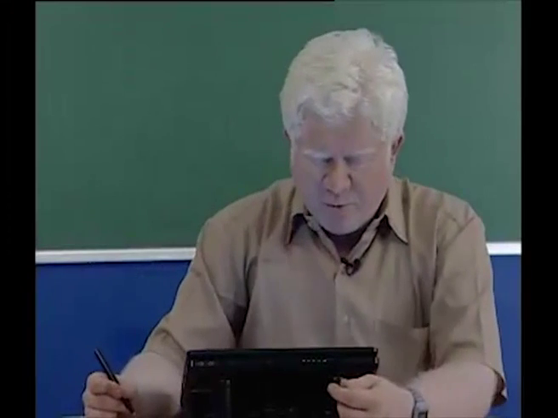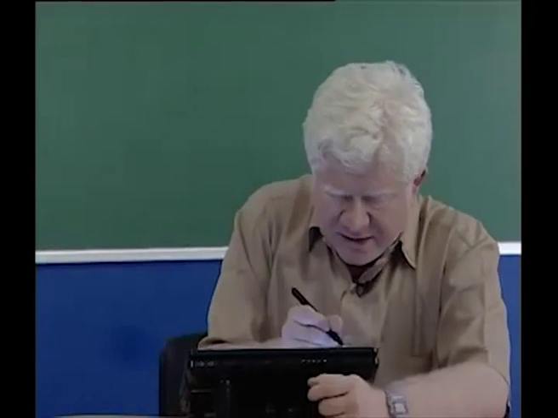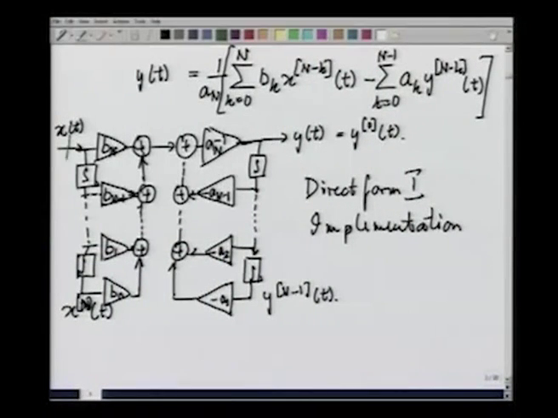If you want the direct form 2 implementation, you know how to go about it. We do not have to summarize that thing here, you just have to literally replace this block over here to the right side.